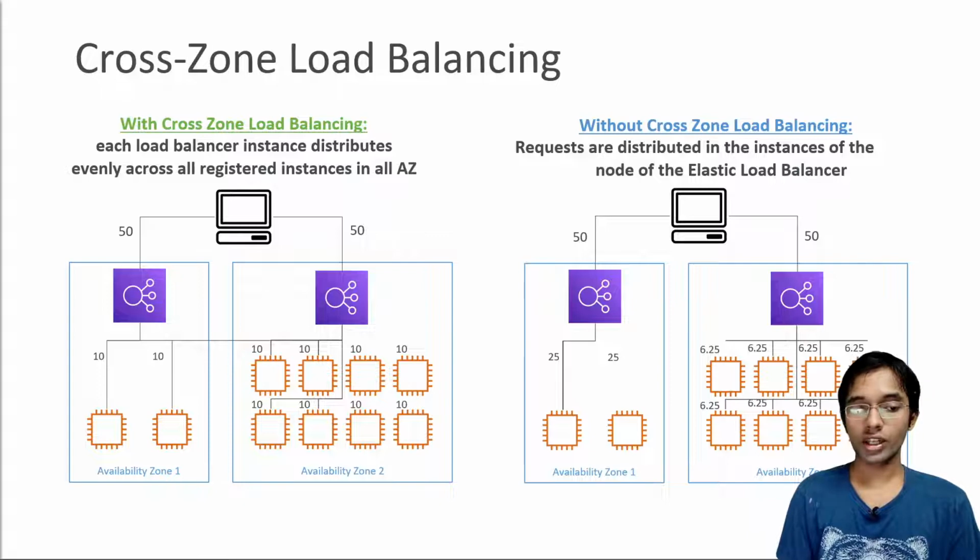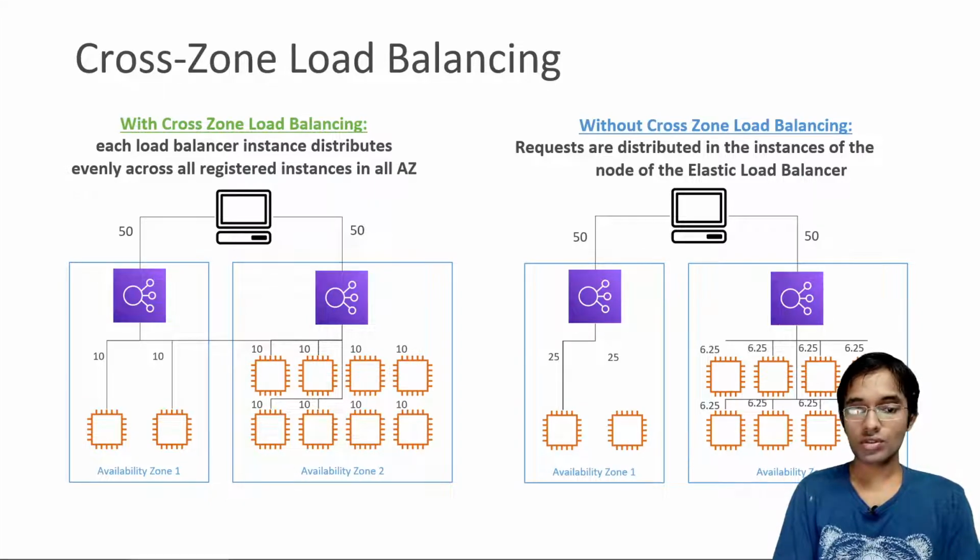In availability zone 1 they are receiving 25% of the traffic, and in availability zone 2 they are receiving 6.25% of the traffic from the application load balancer. So they are receiving less traffic, while availability zone 1 is receiving higher traffic. There's no right or wrong answer. It depends on the use case. I hope you understand it.